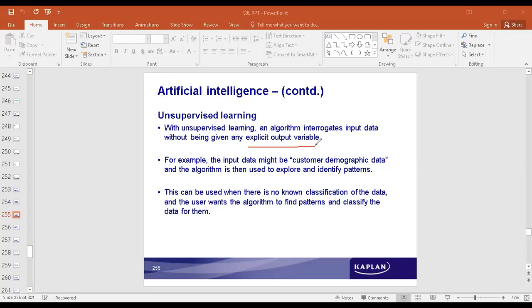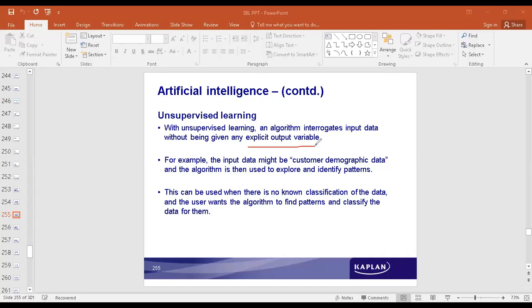For example, the input data might be customer demographic data, and the algorithm is then used to explore and identify patterns in that variable, the demographic factor. Based on that, the trend, attributes, the pattern, etc., will be understood.